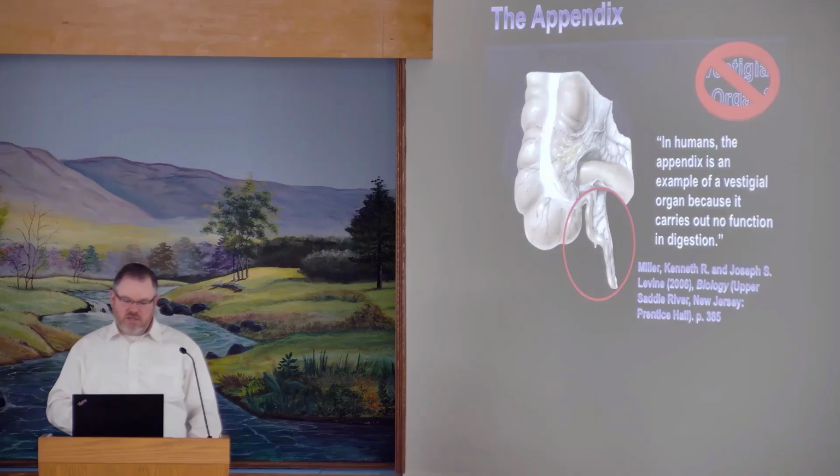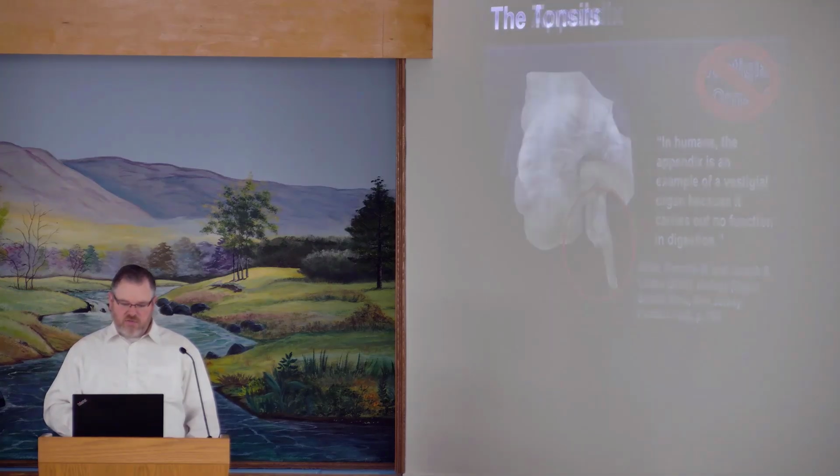And so the appendix is actually relatively larger in children than it is in adults. And also, recent research indicates that the appendix is involved in replenishing good beneficial bacteria after certain illnesses eliminate bacteria from the intestines. So bacteria that help to keep the bad bacteria in check are replenished by this. So the appendix is not a vestigial organ.